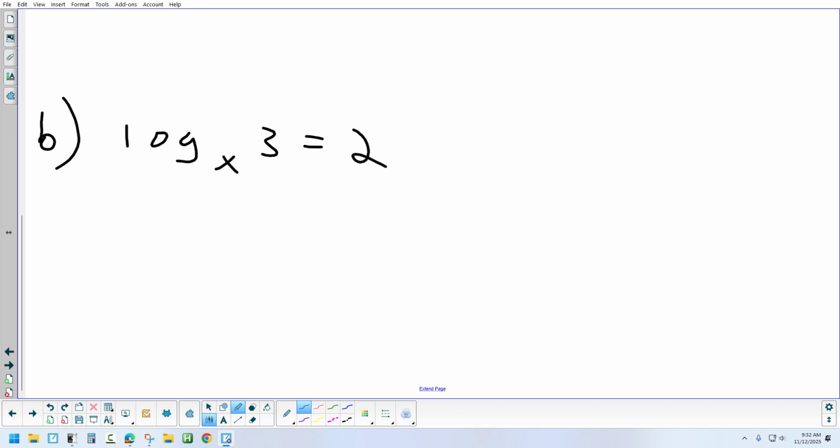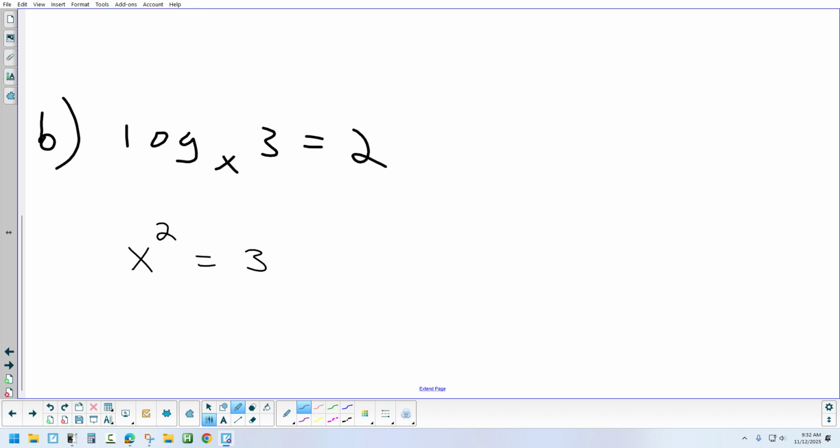Yep, let's make that into an exponential equation. And what would your equation be? 3 equals x to the power of 2. Yeah, so x is your base, 2 is your exponent, and 3 is the argument, which ends up by itself. Perfect. Okay, and now how would I solve for x there?